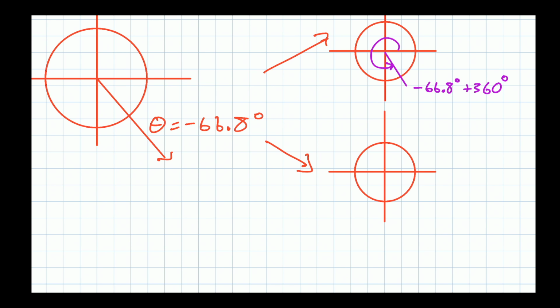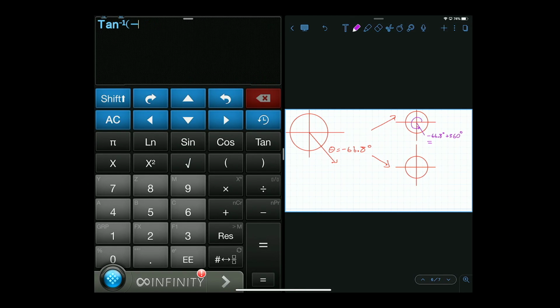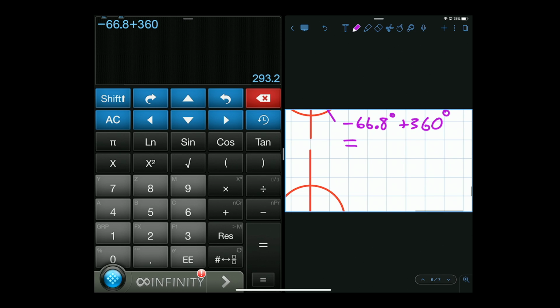That's how I'll do it. What's that? You need a calculator. Negative 66.8 plus 360 is 293.2.